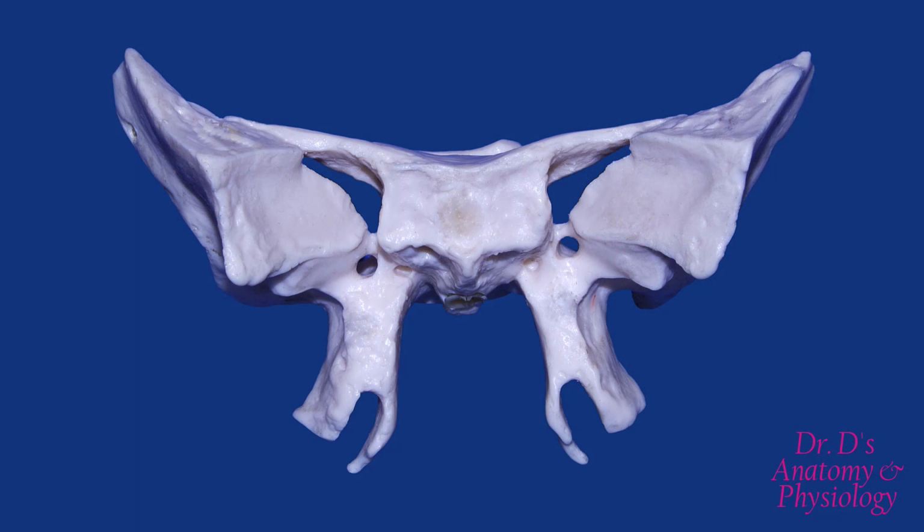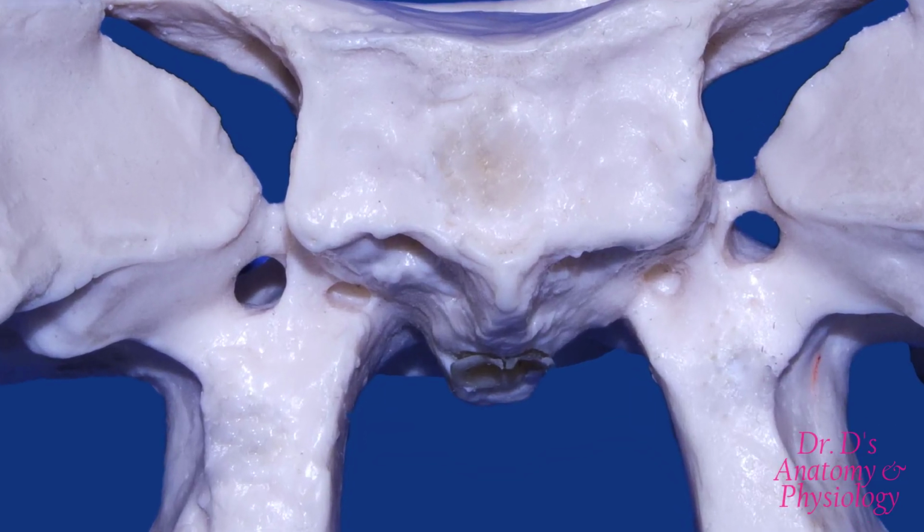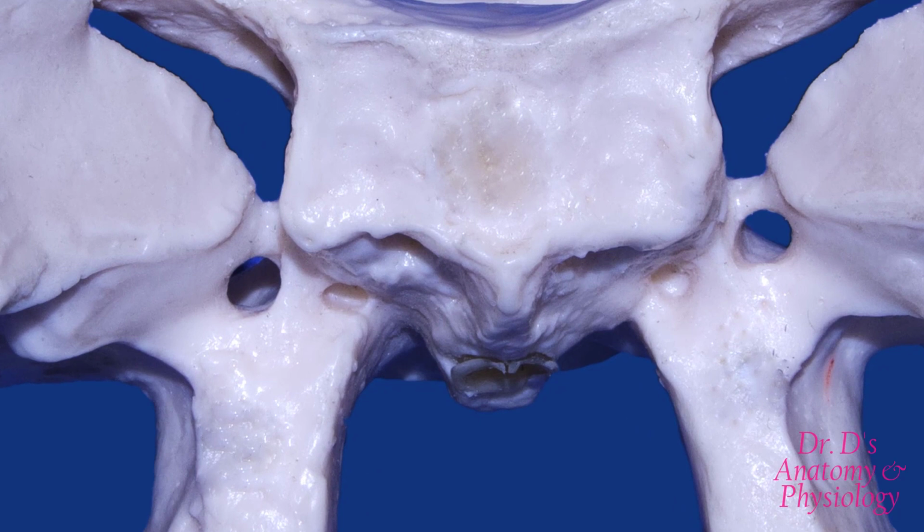Now, if we come back to our isolated sphenoid bone, and this is an anterior view, we can see here are the pterygoid processes. If you look at the base of the pterygoid processes, you'll find that there are some openings.